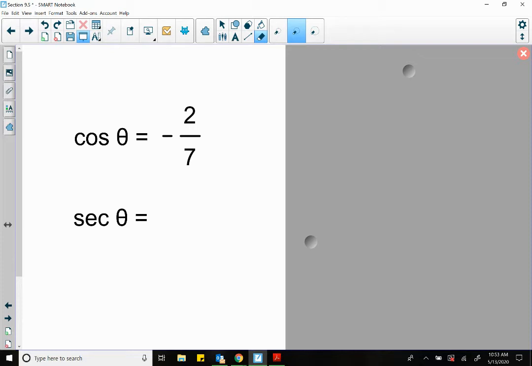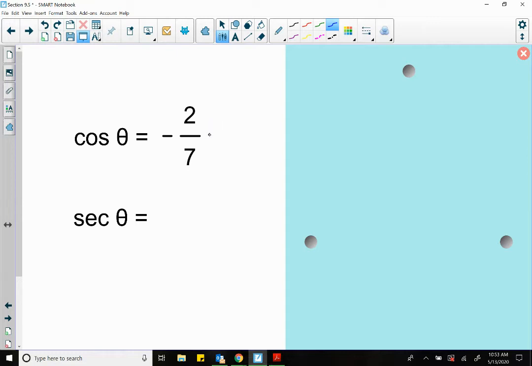So let's talk about this. A couple things. When you look at these, make sure you understand how cosine is made. It is made up of x over r. And I've told you some very important things about r. R has to be positive no matter what. The radius has to be positive. So this negative that is out front will not go with the 7.